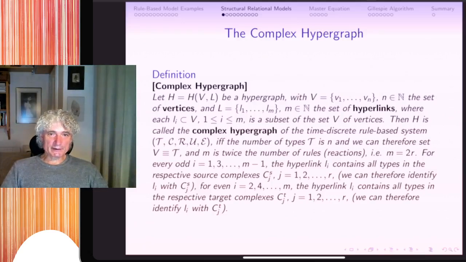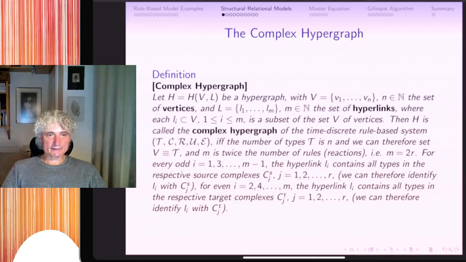Well, here we do it via the complexes. So we look at the complexes as being the set of vertices. And we are drawing an edge from the complexes to the types, if for a certain rule the left-hand side or the right-hand side complexes are containing these types.